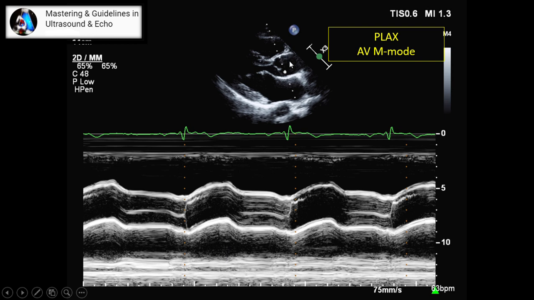As you notice, for a correct measurement on both sides, aorta and left atrium, our cursor should be perpendicular not only to the aortic walls, but also to both walls of the left atrium, anterior and posterior.